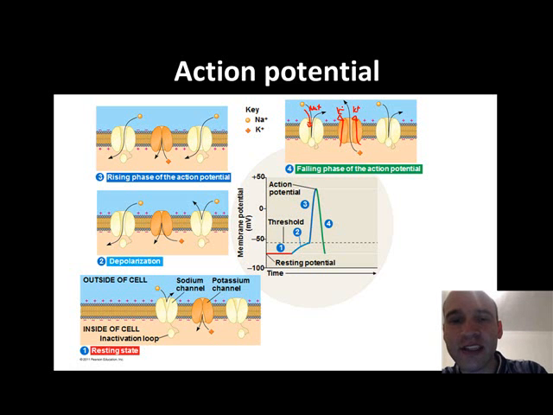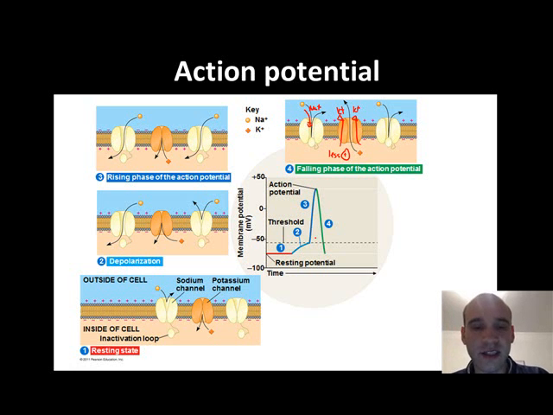Since no more sodium is coming in and potassium is rushing out, this is making the inside less positive, or more negative, if you will. And that's why we're seeing the falling phase of the action potential, where this goes back down, okay?